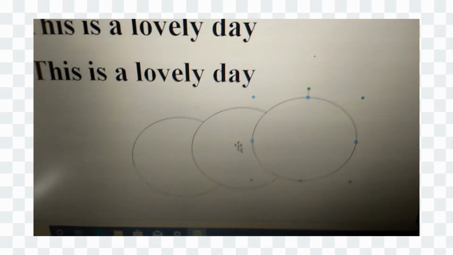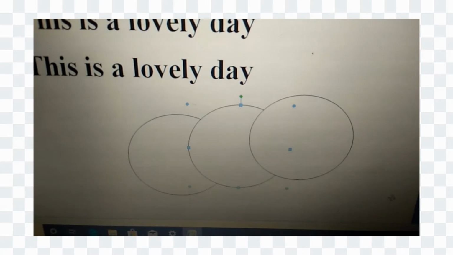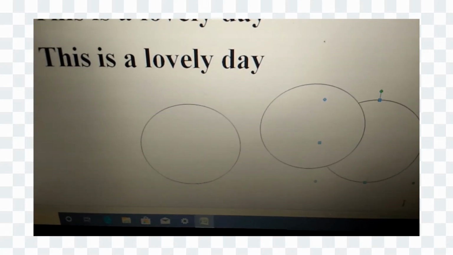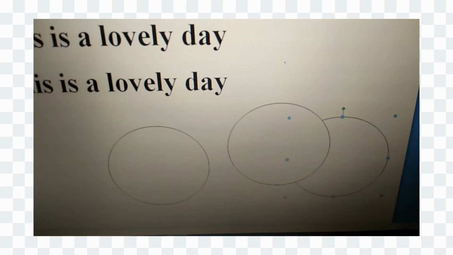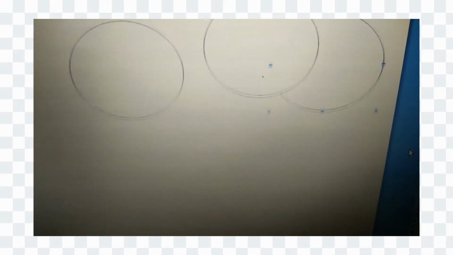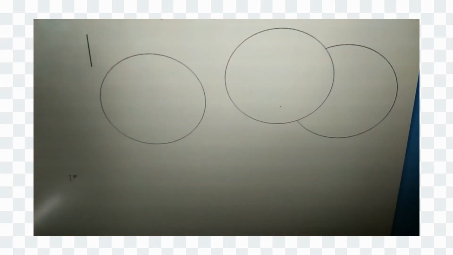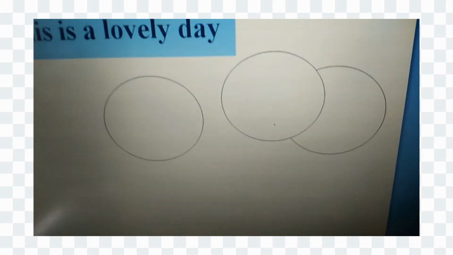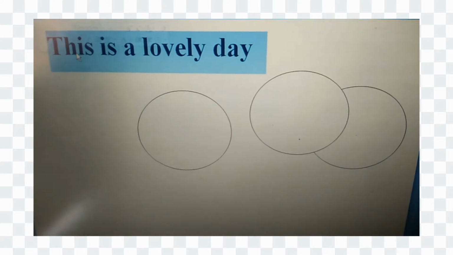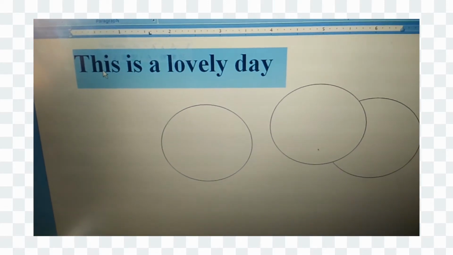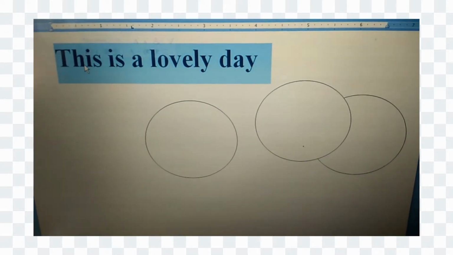So from there we move to the next Ctrl key. Alright, the next after Ctrl D is Ctrl plus E. Ctrl plus E is used to align text to the center.